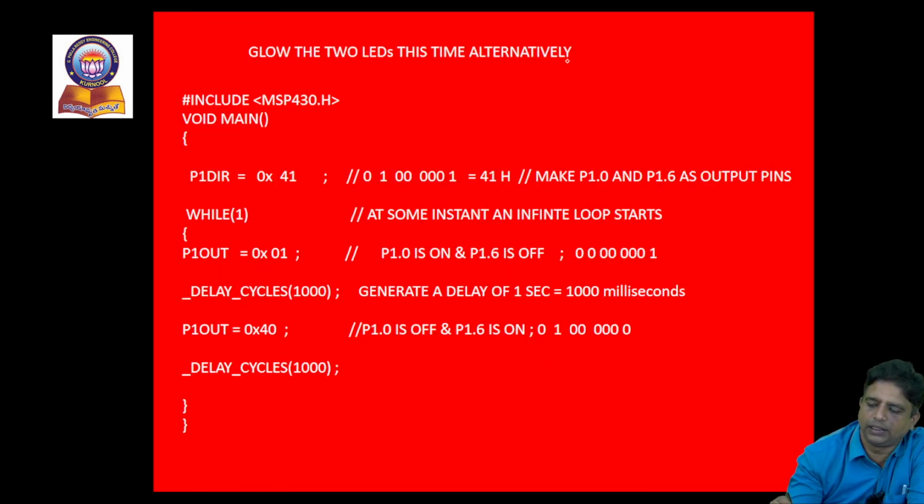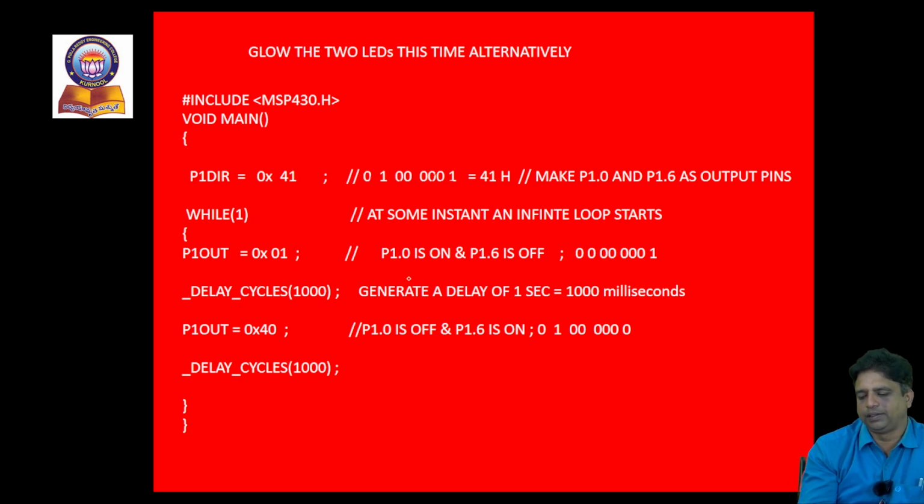Now, glowing the LEDs alternately, this is our task. What we highlighted there is, we will glow P1.0 first, and P1.6 as off. When we glow P1.6, P1.0 should be off. This should be the situation. As mentioned, both pins should be simultaneously activated. Then individual pin operation can be shown here.